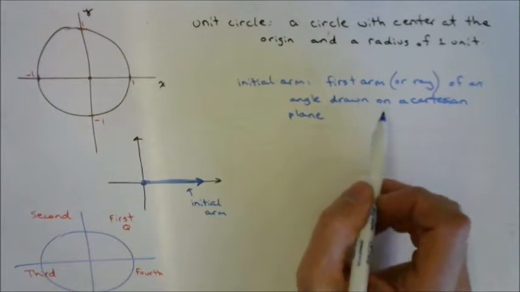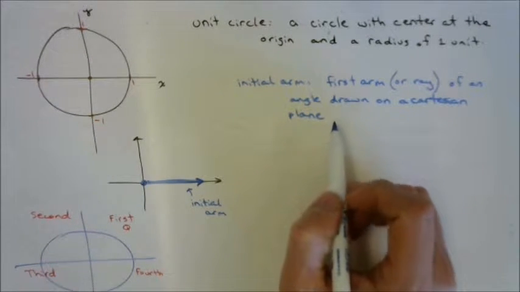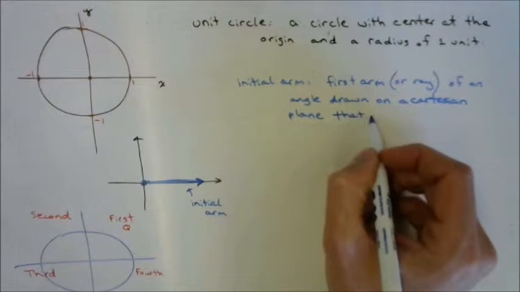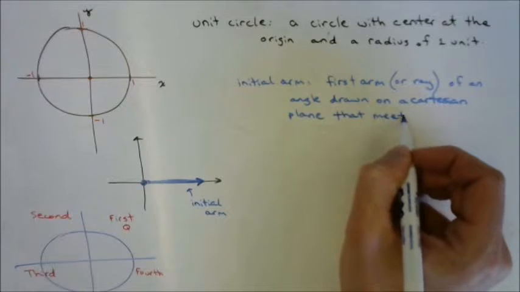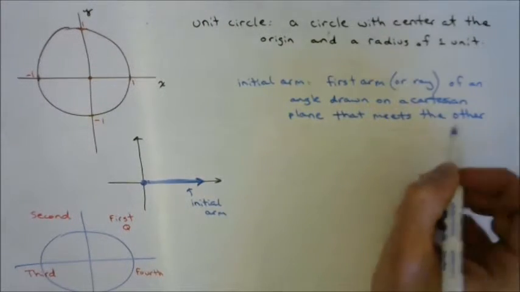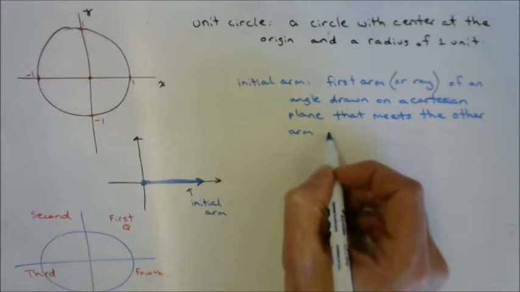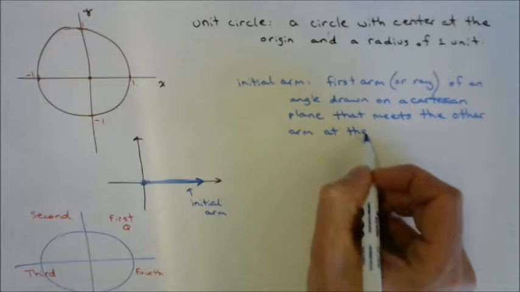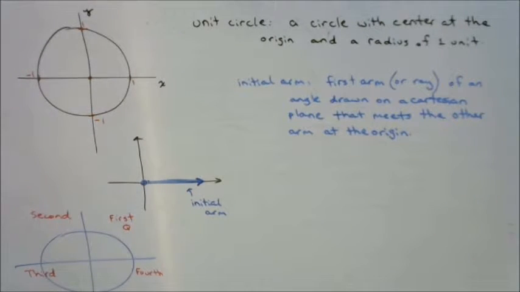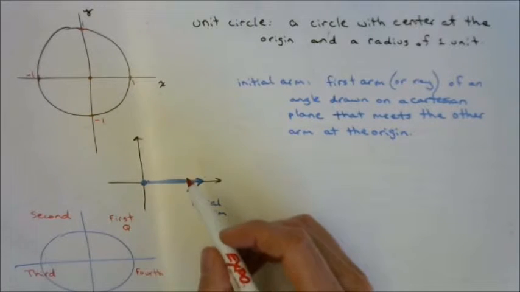So the first arm or ray of an angle drawn on the Cartesian plane meets the other arm at the origin. Now that other arm is called the terminal arm.